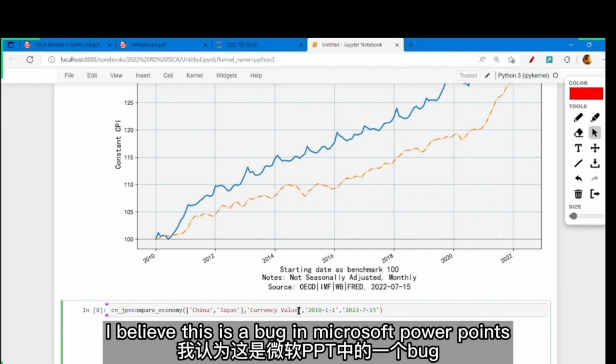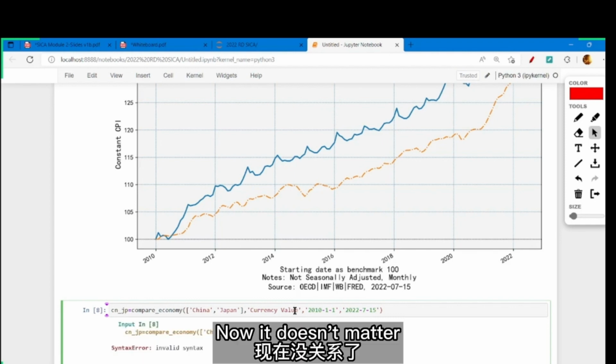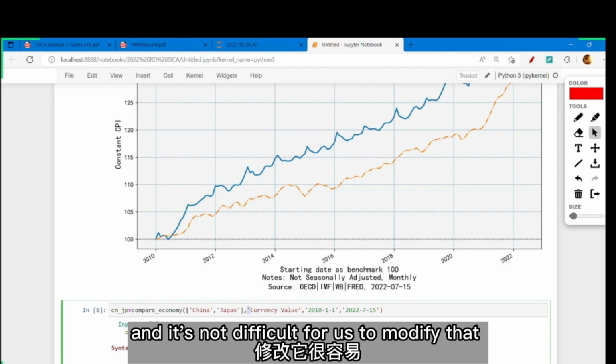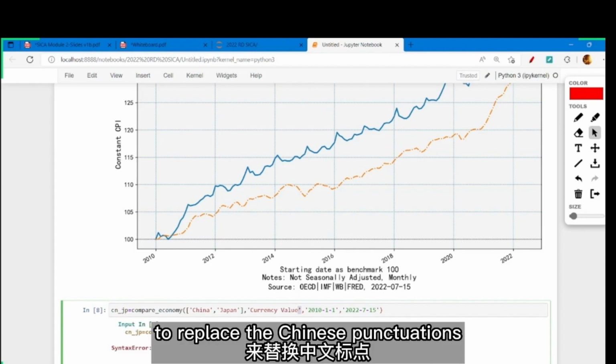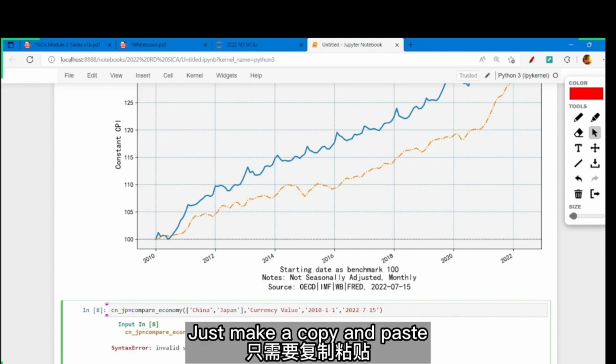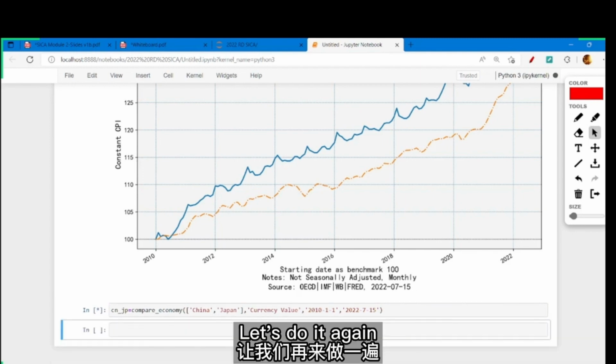I believe this is a bug in Microsoft PowerPoint. It doesn't matter now. We know this kind of bug, and it's not difficult to modify. We use English punctuation to replace the Chinese punctuation, just by copy and paste. Let's do it again.